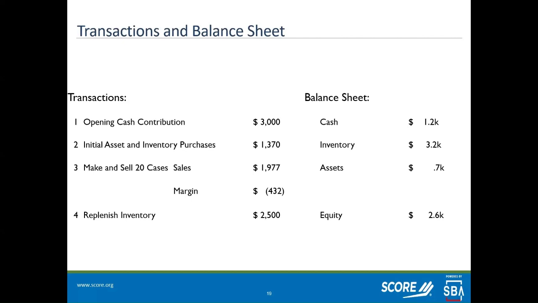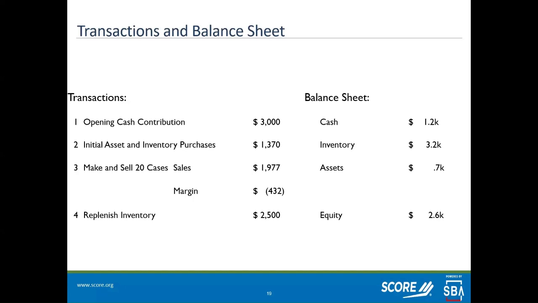As you know, the startups were $1,370. And let's say at this particular point, I've made and sold 20 cases. So I have sales, but my net margin is a loss because I didn't generate enough profit to cover my fixed costs. And then the last transaction is I went out and bought more inventory, $2,500.